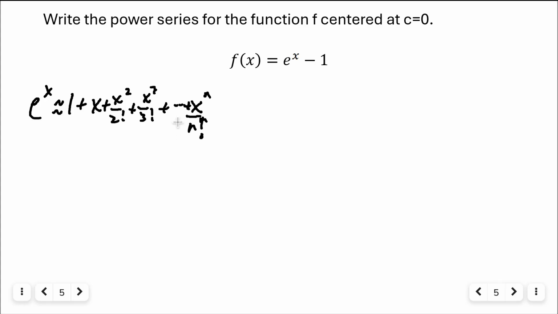Okay? The function and the series are interchangeable. So if I want a function for e to the x minus 1, in place of e to the x, I can write all of these terms. Okay? I can write them there.